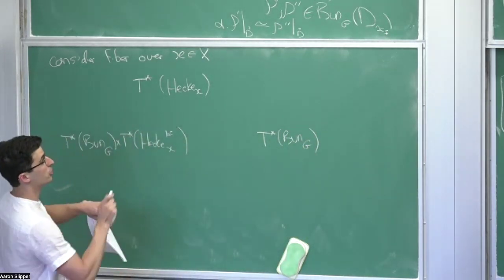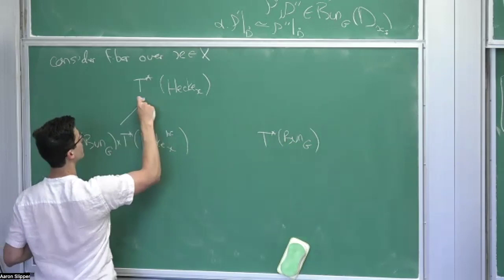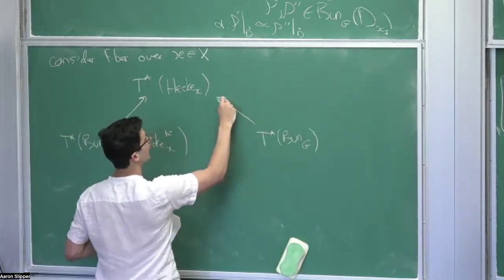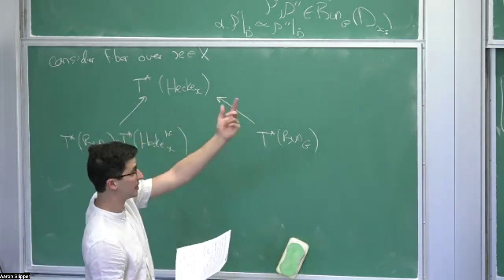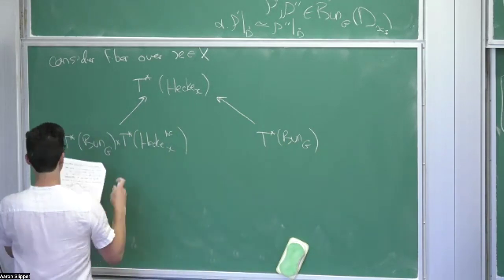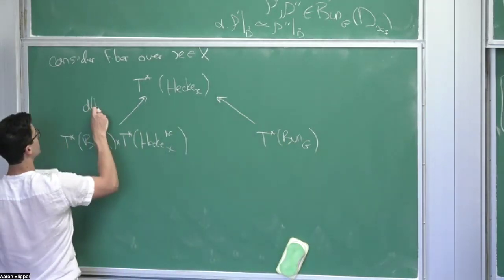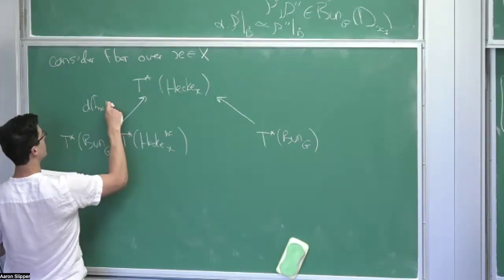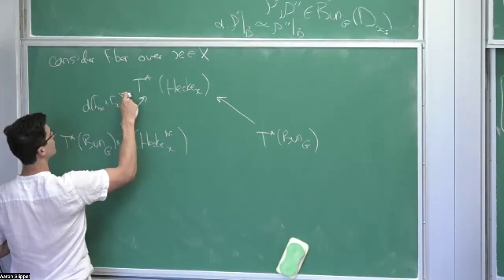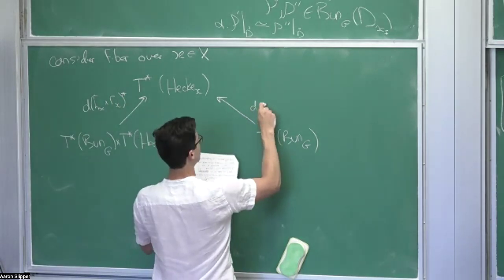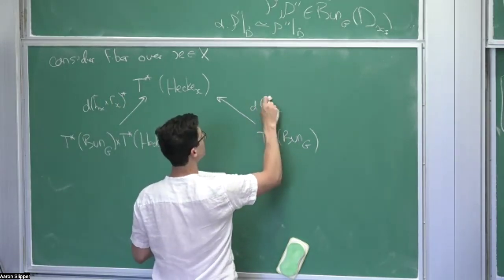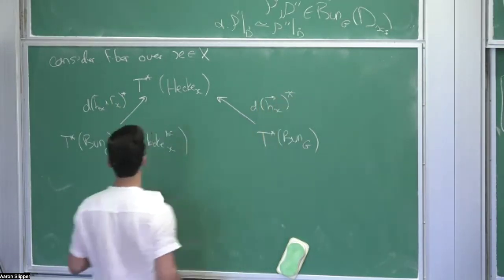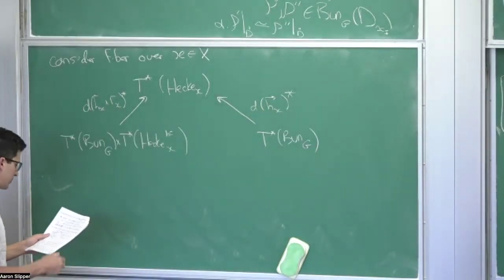And then the arrows reverse. So it's this, and the X factor disappears because I'm taking the fiber. Great.